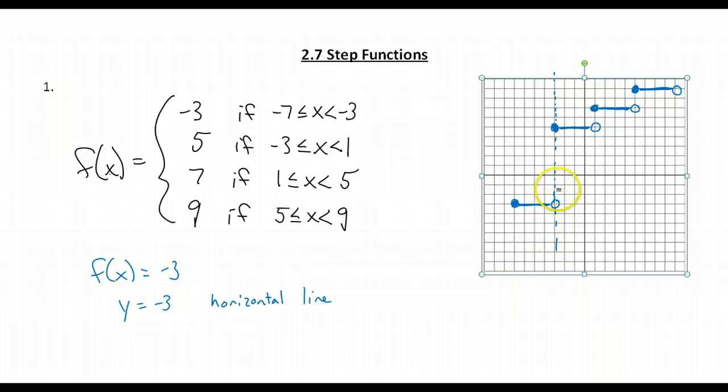So when x equals negative 3, I'm right here. If x was just smaller than negative 3, like negative 3.1, I'm down here. If x is bigger than negative 3, like negative 2.9, I'm here. My graph should line up with what my function says.